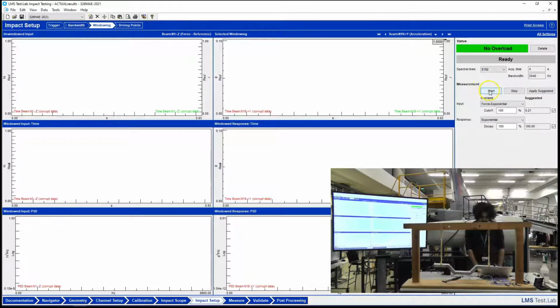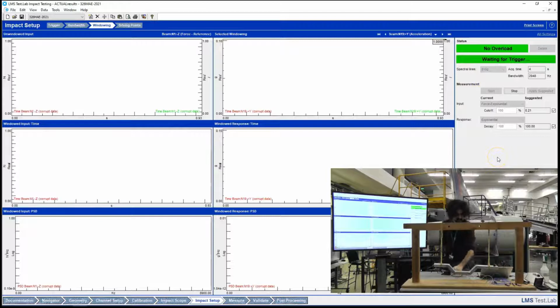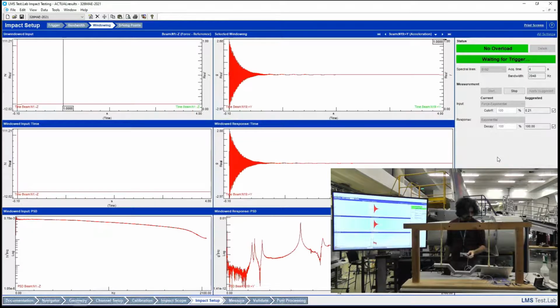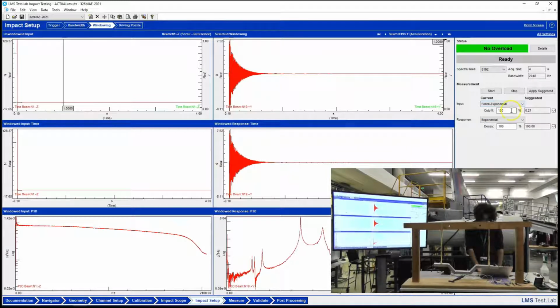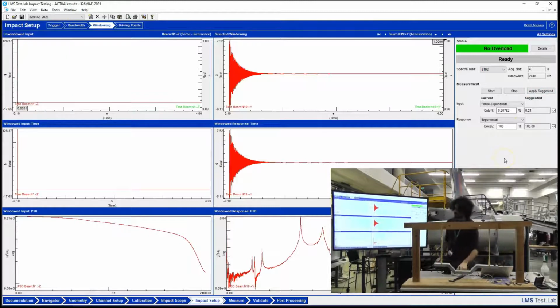So how do we do that? Well, first we measure a few times. And now, as you can see, I can apply a window, a force exponential window, to the hammer.